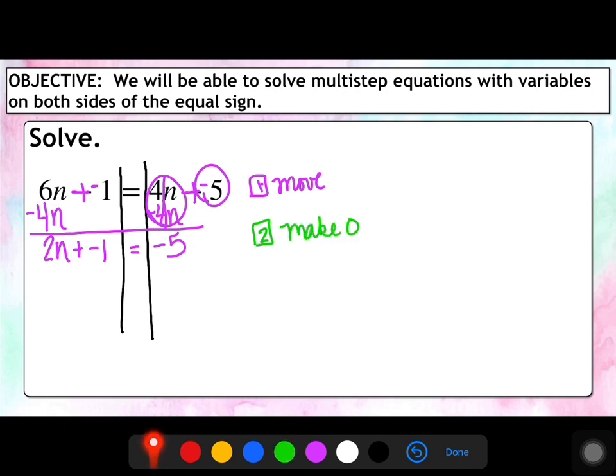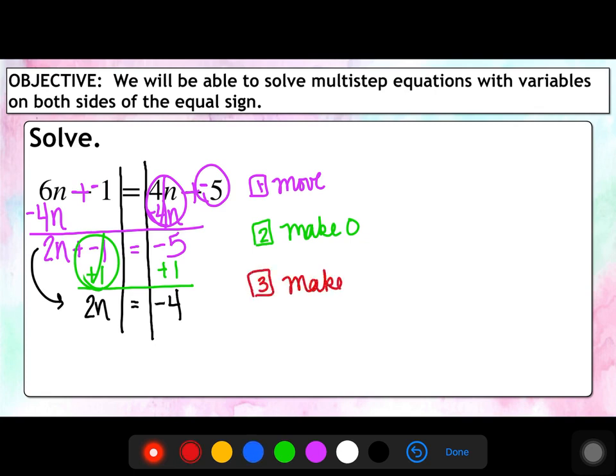I'm going to make 0 with the numbers. I have a negative 1 on the left, so I'm going to undo that by doing positive 1 on both sides. That makes 0. The 2n comes down. That's going to be equal to negative 5 and a positive 1 make negative 4 when I combine them.